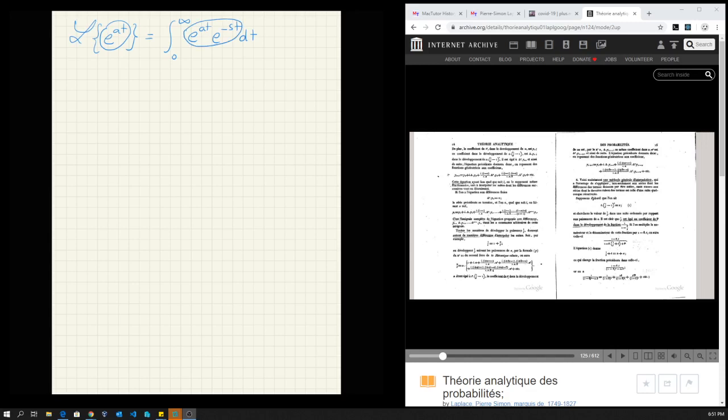So we could write this as the limit as b approaches infinity of the integral from 0 to b of e to the at minus st, which, even better, we can write as the limit as b approaches infinity of the integral from 0 to b of e to the (a minus s) times t dt.